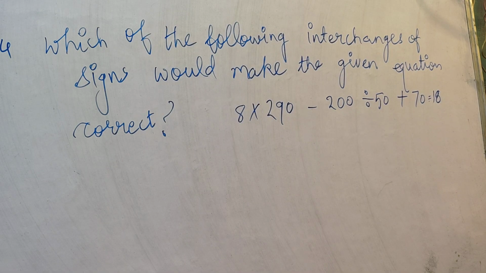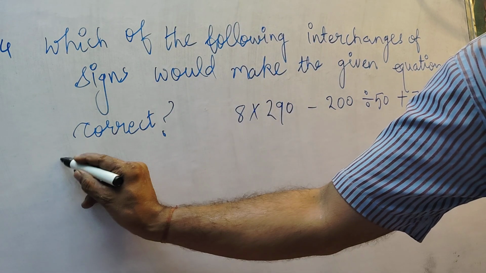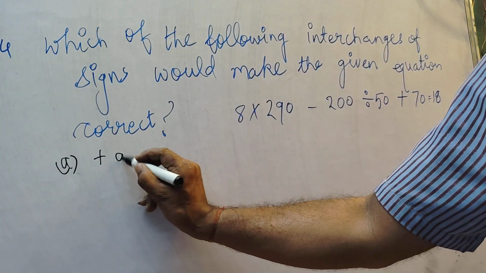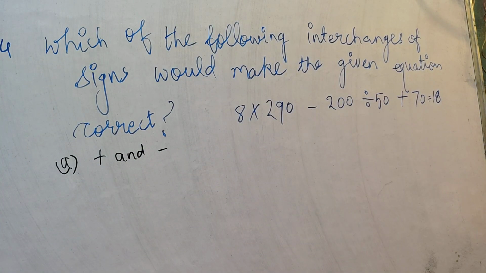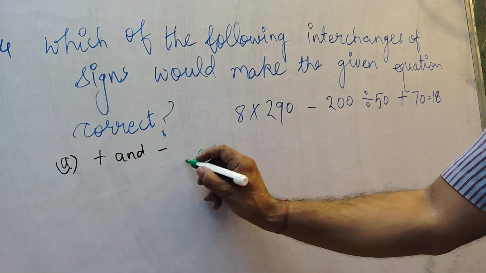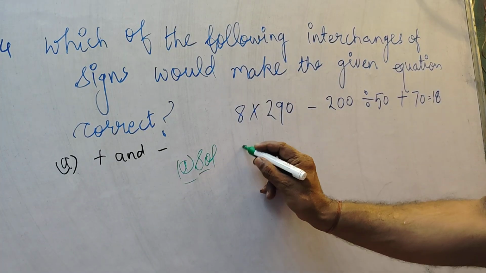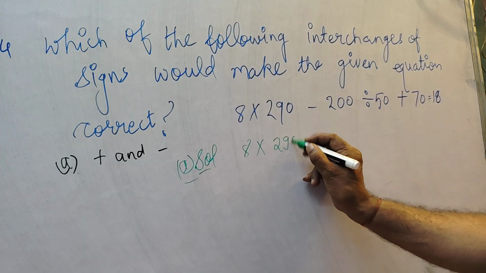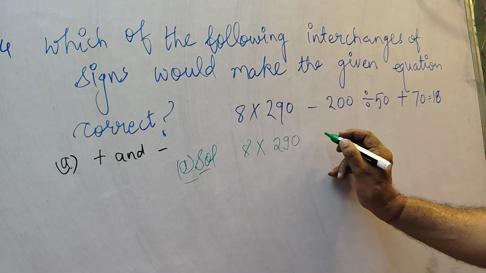So the first option is plus and minus. So plus sign is replaced with minus. In the solution of A, we replace plus sign with minus, and minus we replace with plus.